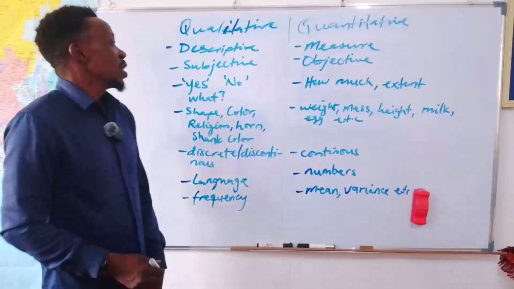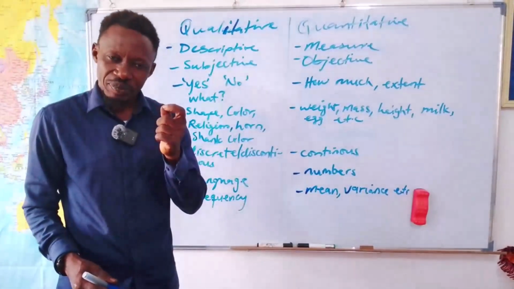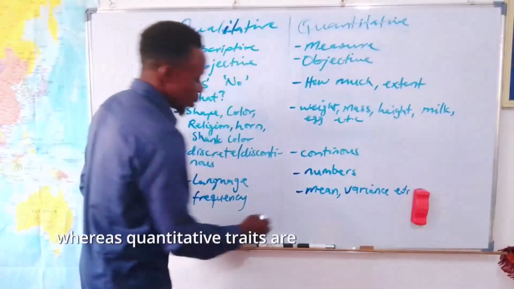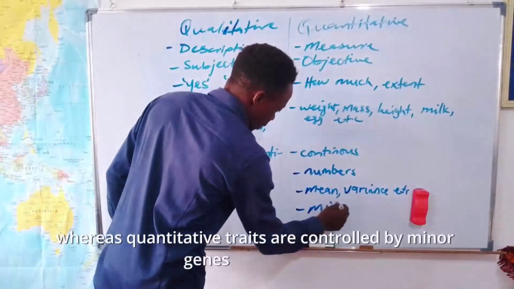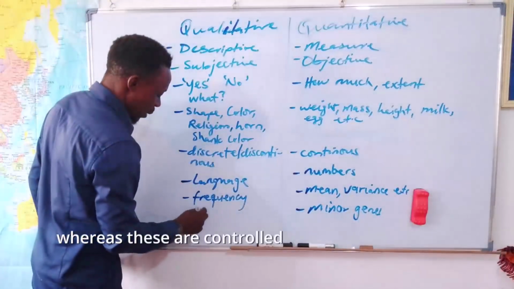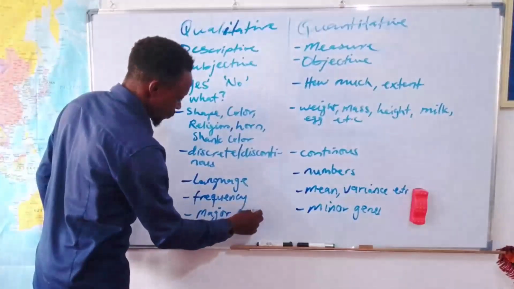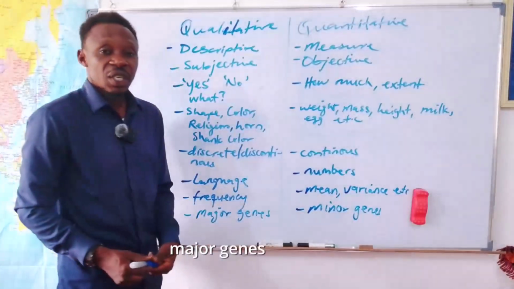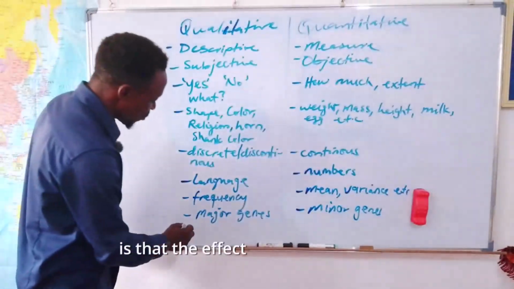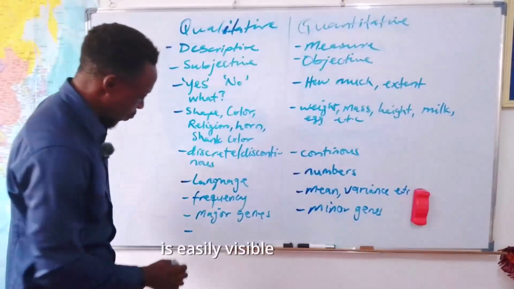In genetics, we know that qualitative traits are controlled by major genes, whereas quantitative traits are controlled by minor genes, whereas these are controlled by major genes, if you like. The other thing closely related to this is that the effect of the genes is easily visible.